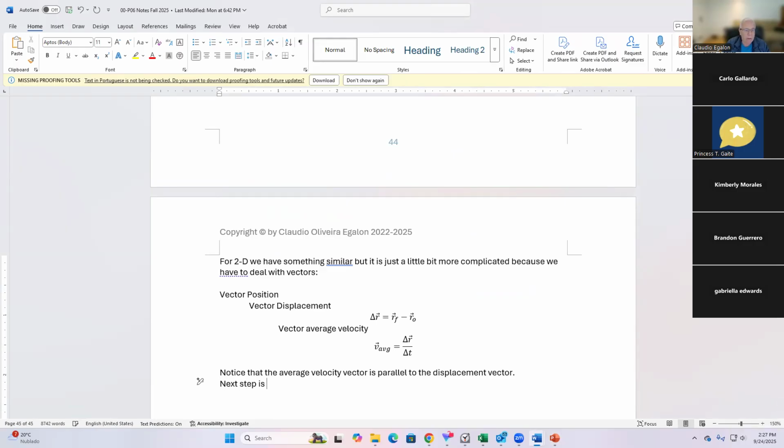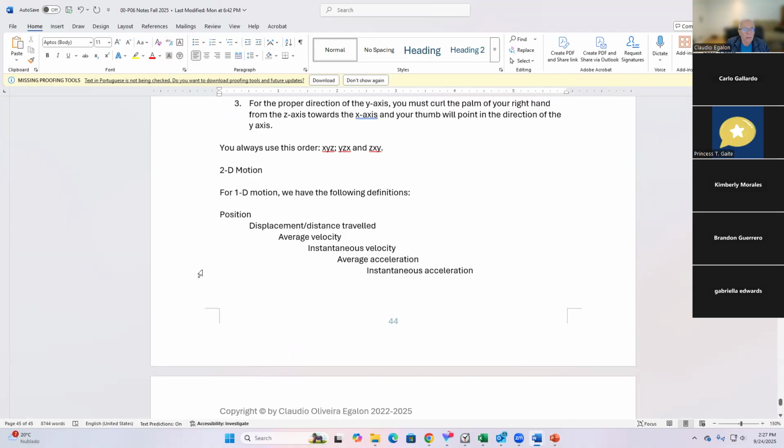Next step is the instantaneous velocity vector.